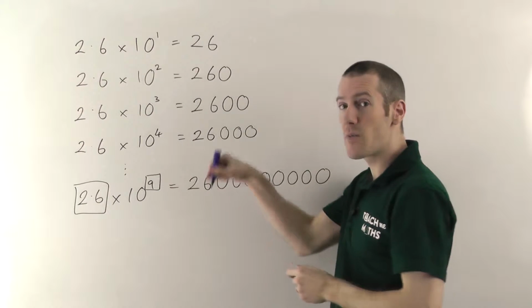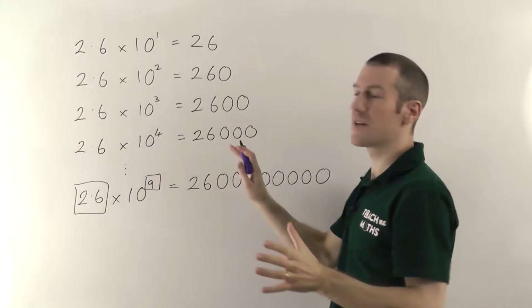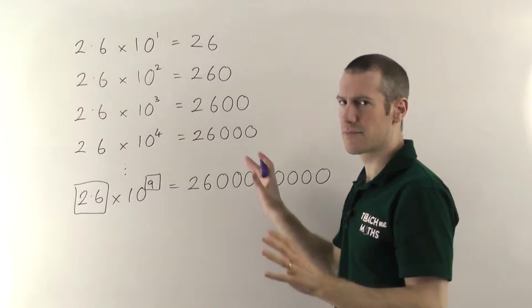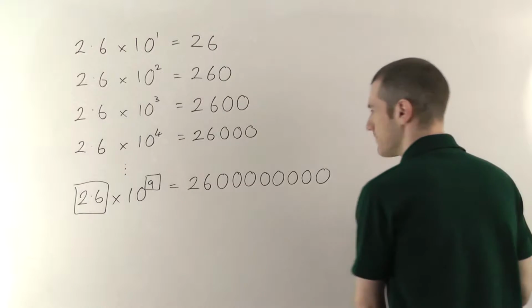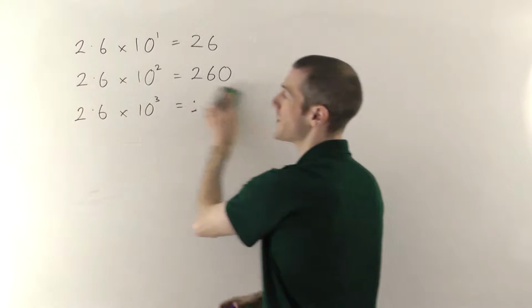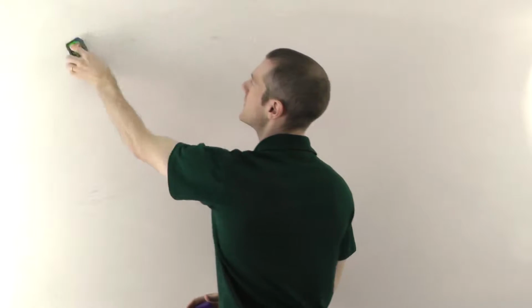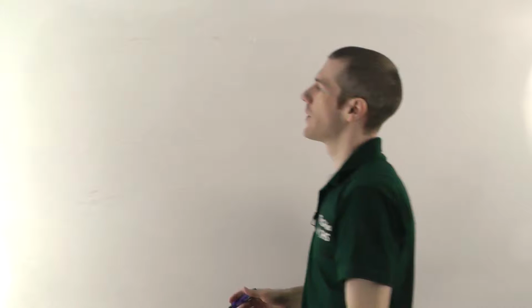The power is how many times you move the decimal point. And this number can be very different from the number of zeros sometimes, so don't think it's got anything to do with the number of zeros. Let me do a couple of examples then of what you can do with this. But that's the pattern. Hopefully if you can spot the pattern, it should make sense. You'll see why we do it that way.